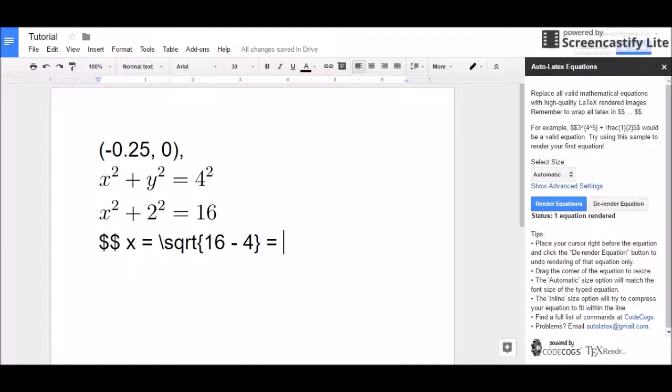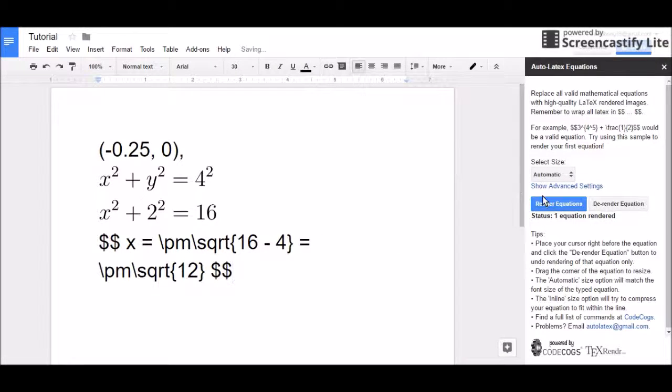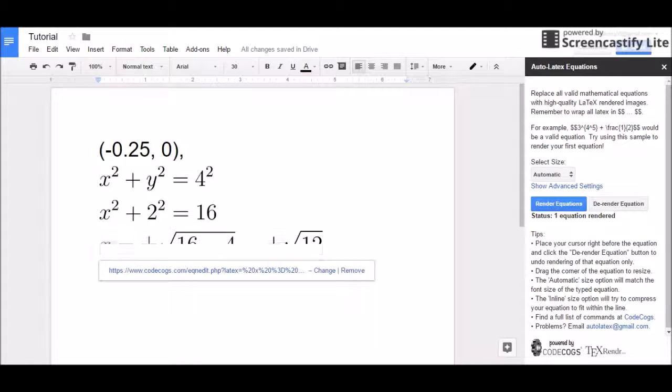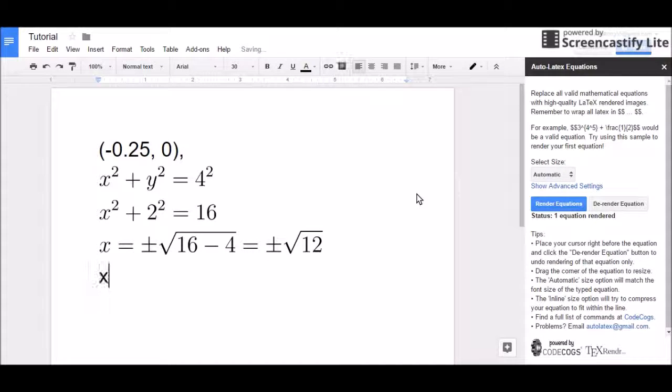It's plus or minus because we want all values of x, and we're obviously interested in the negative value. So I'm going to write that down, plus or minus square root of 12. This thing can recognize it. And it did. Okay, so the one that we were interested in is x equals negative square root of 12.